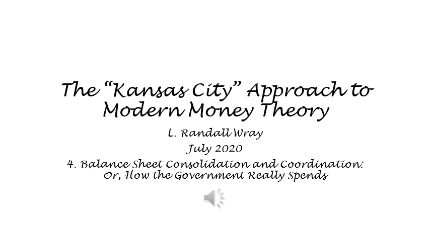MMT objects that this is an ex post identity, not an ex ante constraint. Further, the financing always takes the form of a credit to bank reserves and a credit by a private bank to the recipient's account. Government doesn't choose whether to use taxes, money, or bonds.